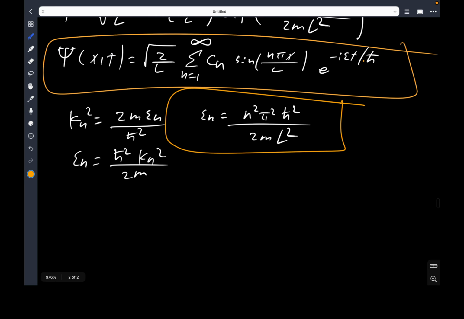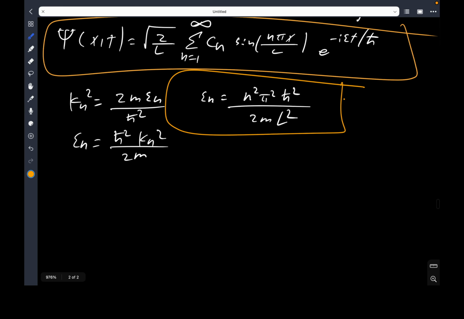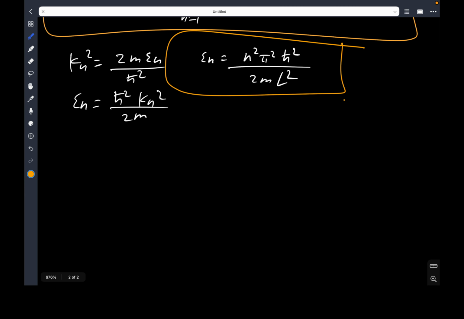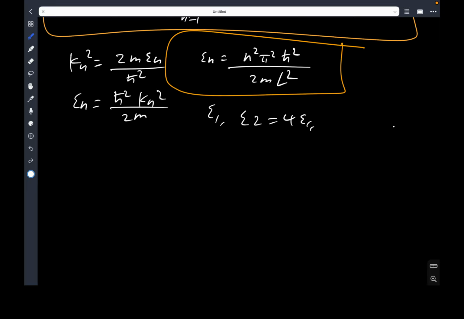So we've also found the quantization of energy here. And energy is quantized, as you can see: E2 is equal to 4E1, E3 is 9E1, and so on.